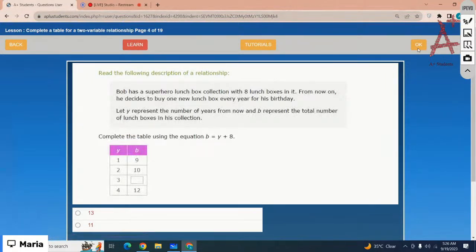Bob has a superhero lunchbox collection with 8 lunchboxes in it. From now on, he decides to buy one new lunchbox every year for his birthday. Let Y represent the number of years from now and B represent the total number of lunchboxes in his collection. You have to add Y to 8 for every Y value to get the B value, right?